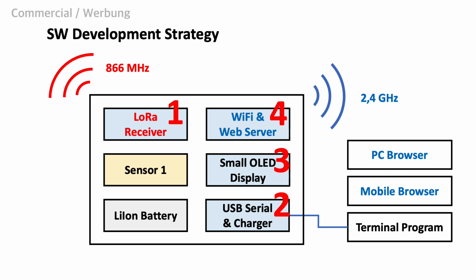The serial output was very helpful for some basic tests and debugging. The next step was the programming of the OLED display, the data processing and the data arrays. Finally, I added the code for the Wi-Fi and the HTML part for the web server.